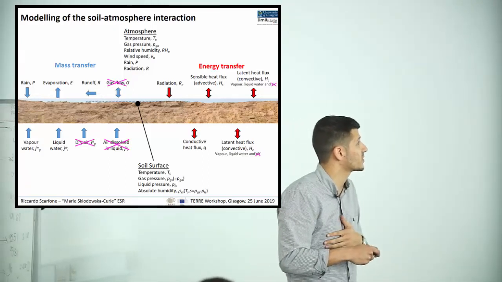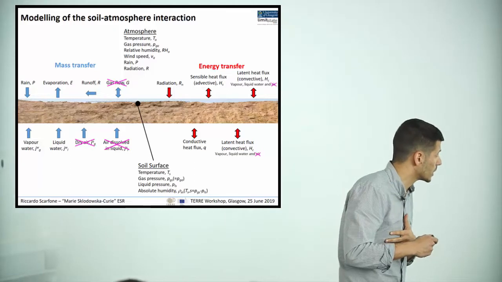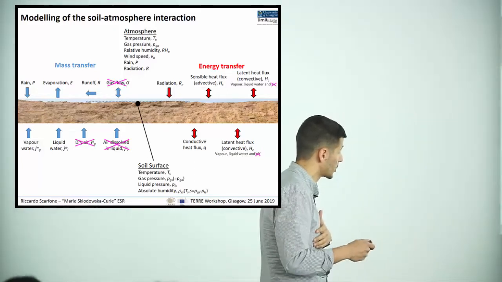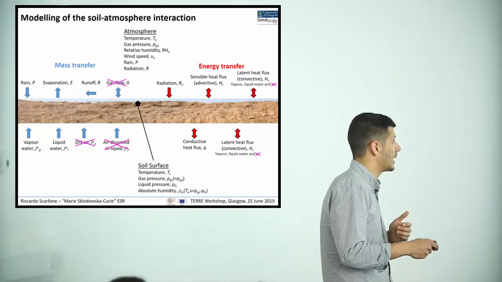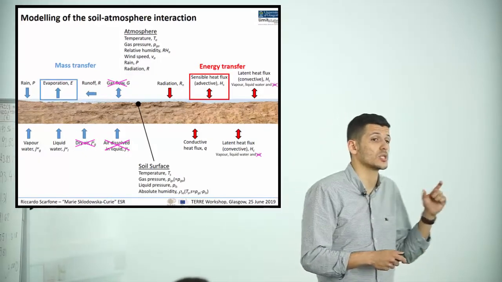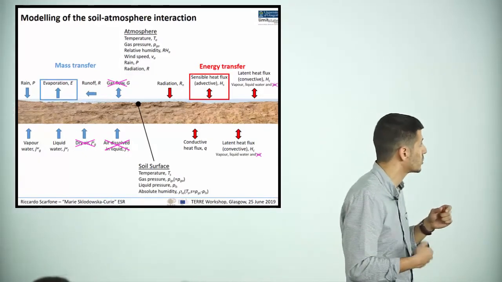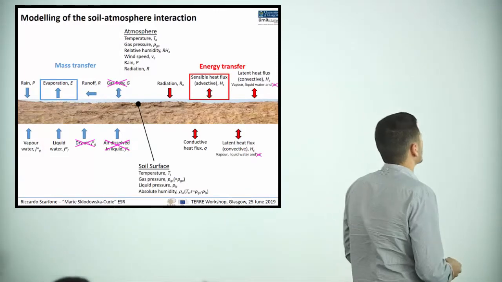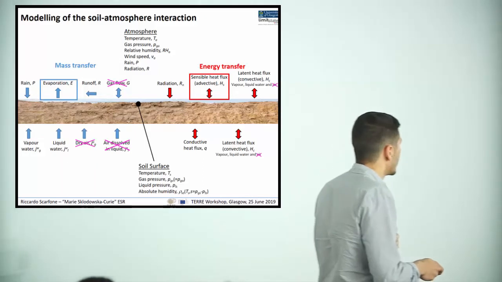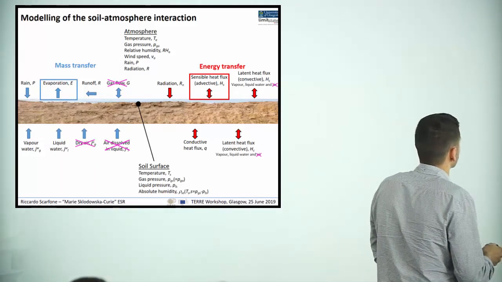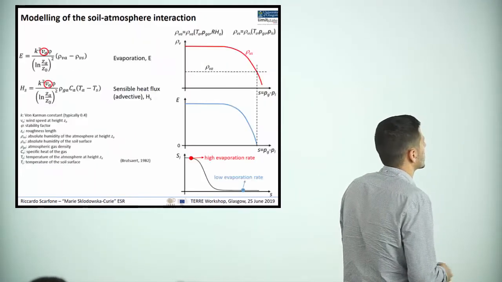For the energy transfer, we include radiation, sensible heat flux, so advection basically, and latent heat flux, so convection associated with the mass transfer of vapor, liquid water, and air. In particular, we neglect the gas flow in this problem, and we now focus a bit more on evaporation and sensible heat flux.